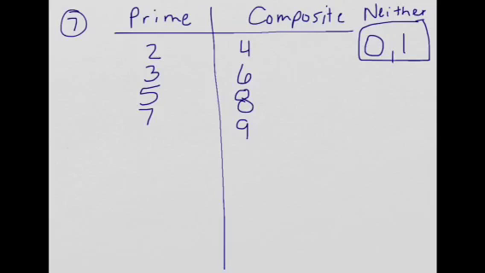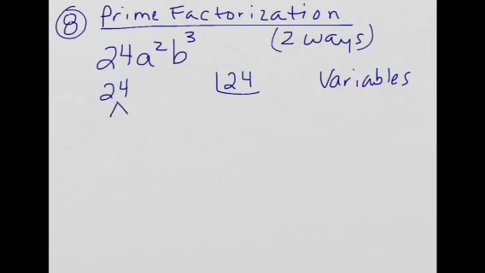Go ahead and pause the video and finish filling out numbers 1 through 20, and then go back and start it again and see if you were right. So 10, 11, 12, 13, 14, 15, 16, 17, 18, 19, and 20. So now you know the first 20 numbers, whether they're prime or composite.